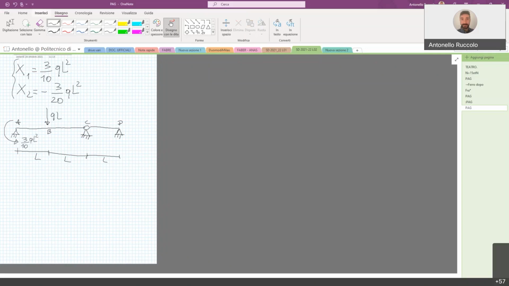And then we have x2. We have to change its direction because we got a minus sign here.